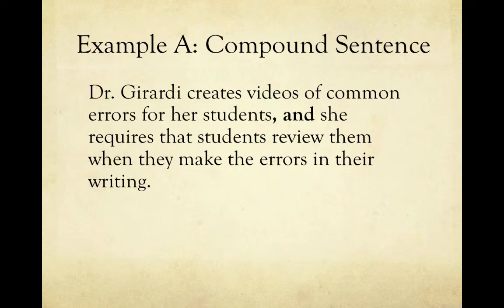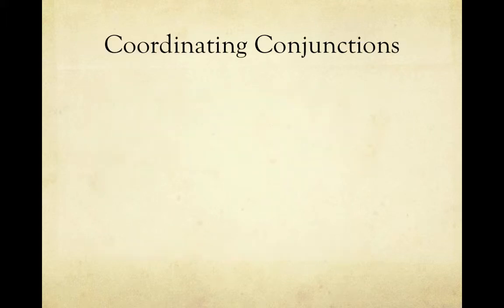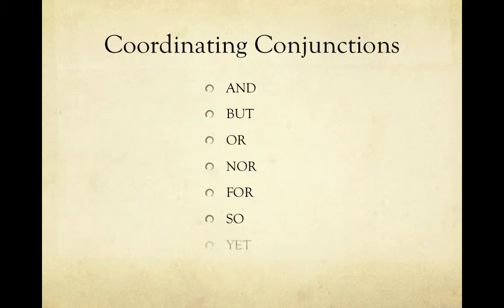Dr. Girardi creates videos of common errors for her students, and she requires that students review them when they make the errors in their writing. This sentence is correct. There is a comma and a coordinating conjunction. Coordinating conjunctions are and, but, or, nor, for, so, and yet.